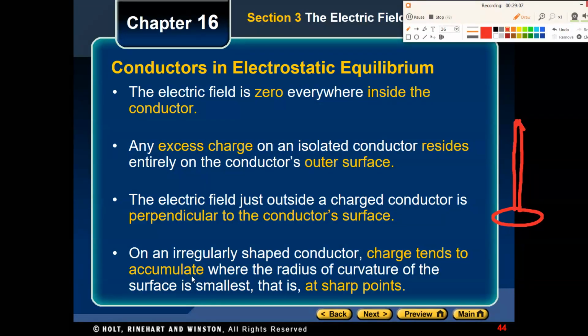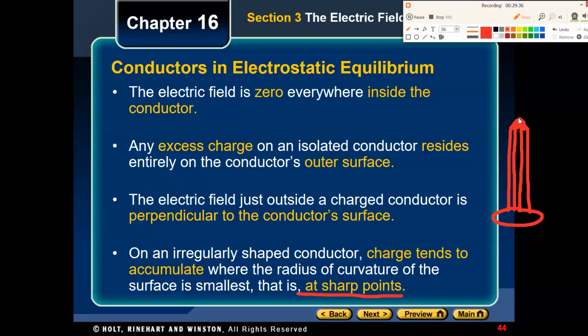The charge tends to accumulate at curvature, so at a sharp point. This is going to have more. So charge can accumulate at the sharp point here. Draw it bigger probably. At the sharp point, more charged particles accumulate.